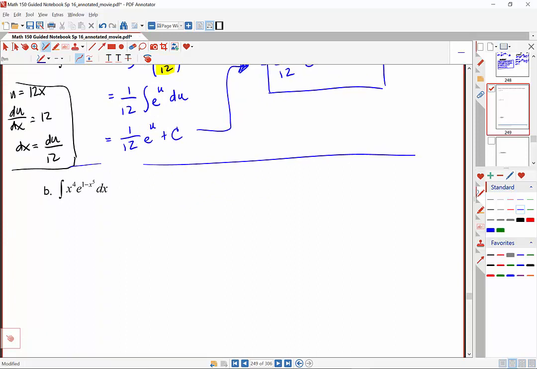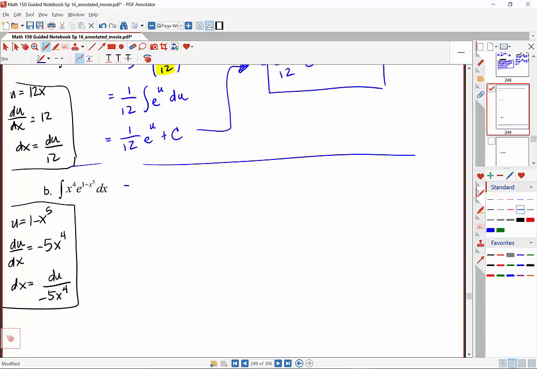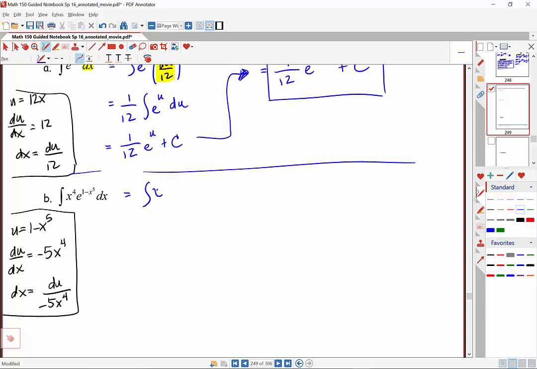Next up, we've got this guy. So again, what do you think? Take a look at it. What would your u substitution be? Beautiful. Again, it's in that power. So then du dx is equal to negative 5x to the 4th, and then isolating dx, we'll have du over negative 5x to the fourth. So now we will have the integral of x to the fourth times e to the u times du over negative 5x to the fourth.